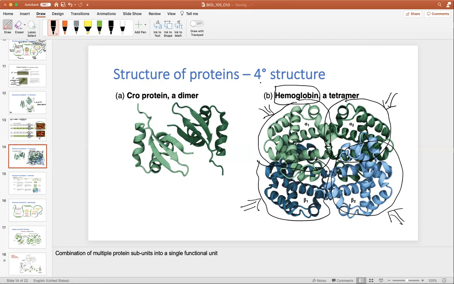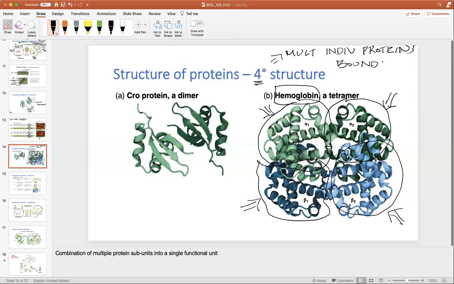And so quaternary structure is when you have multiple individual proteins bound together. Okay, so I have down here, quaternary structure is a combination of multiple protein subunits into a single functional unit.